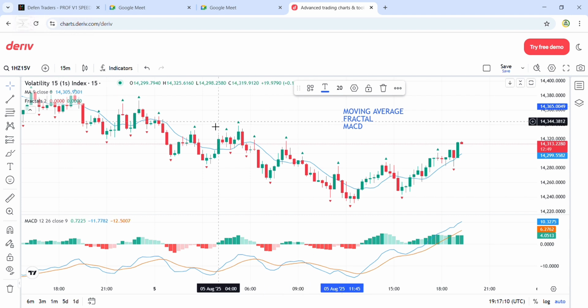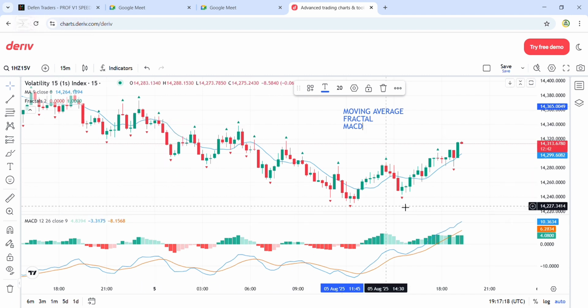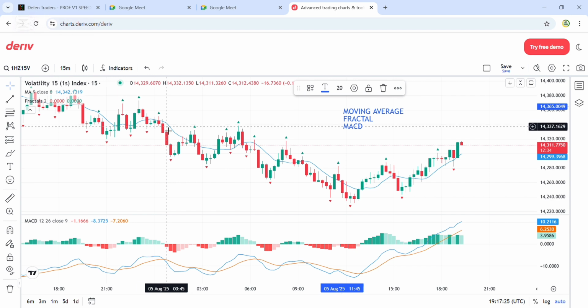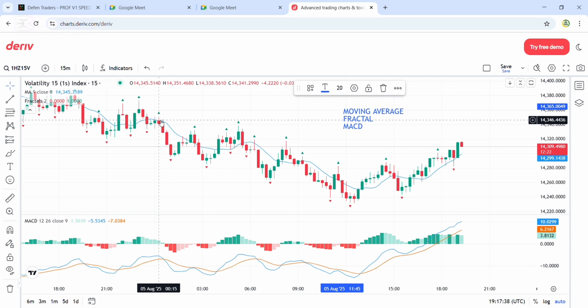So the moving average, remember we said that it works either by being on top of the candles or below the candles that are forming. Now, if the moving average is above, there is a prediction that the market is going to fall, that the market is going on a downtrend. So immediately you see that the moving average is coming above the candles, you being a trader, you must have the sense that the markets are going to fall.